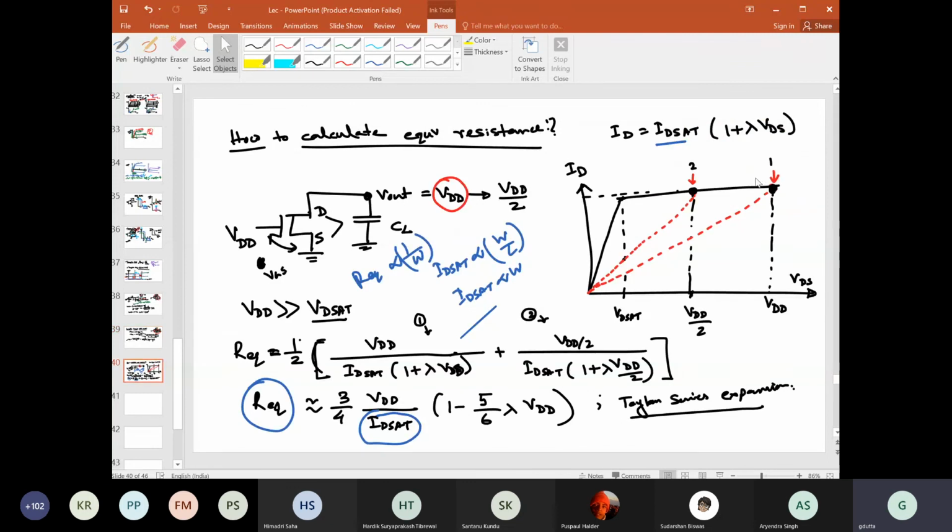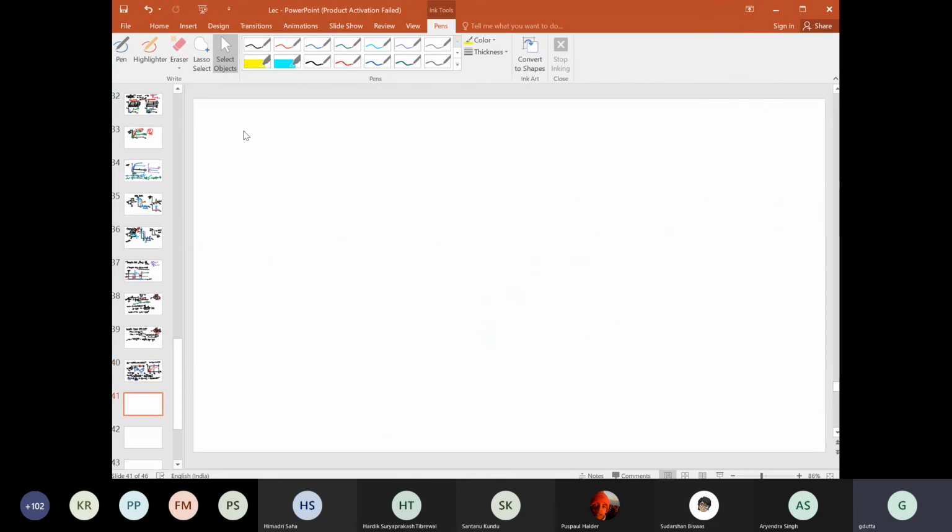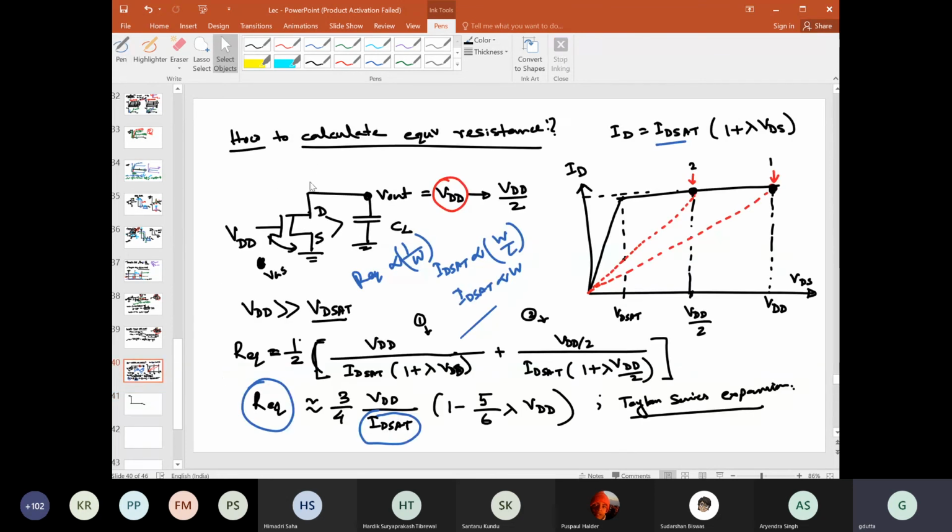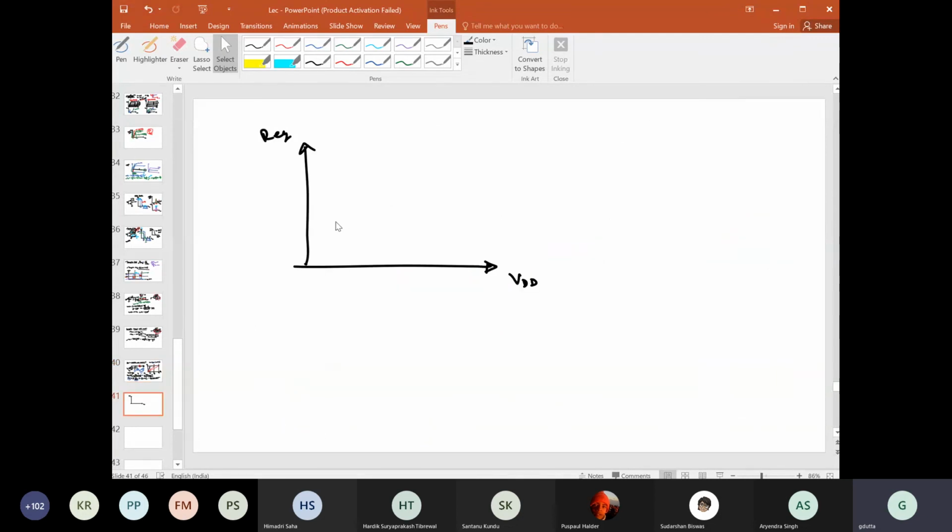Here in this context, I would like to draw one small plot, that is this one. We are now discussing the equivalent resistance of this NMOS, right?